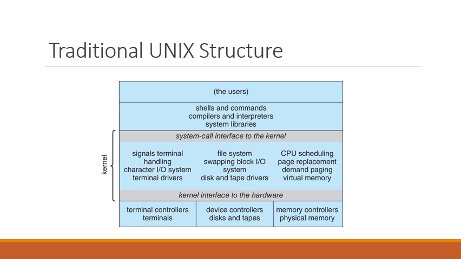Similarly, if one component of the kernel fails, it will fail the whole system. For example, if the file system crashes, the operating system will crash. Again, for the same reason, because all of the functionality has been added in the same address space.